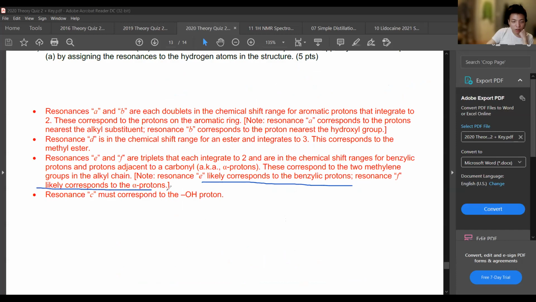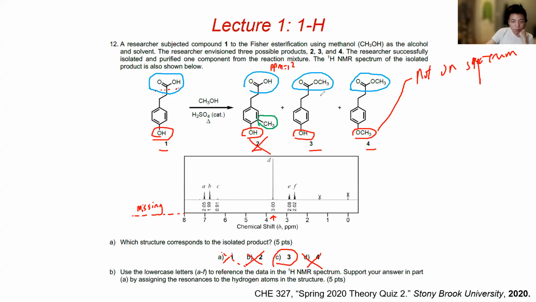F is closer to the ester. F is close to the ester. Yep. And that will be it.